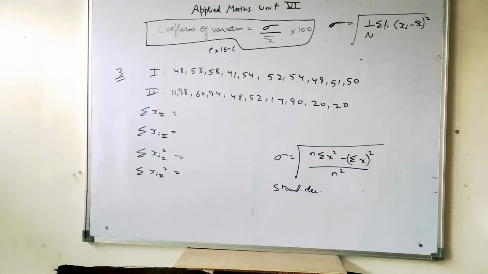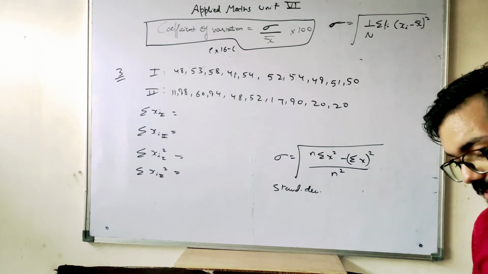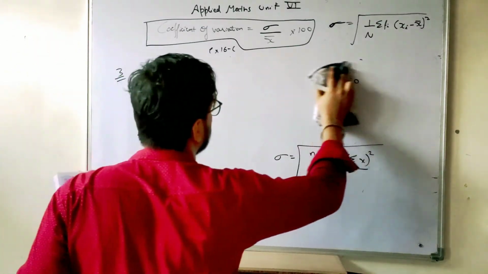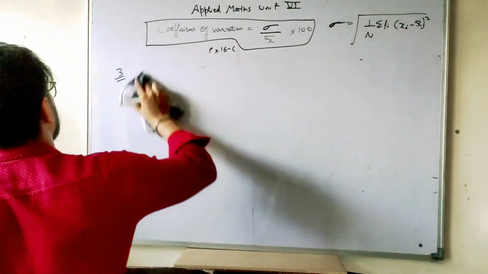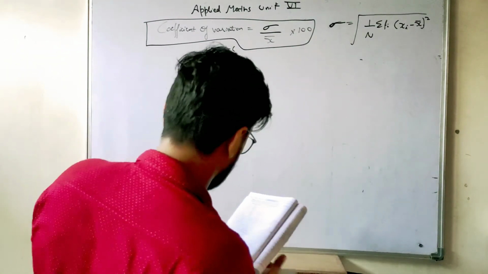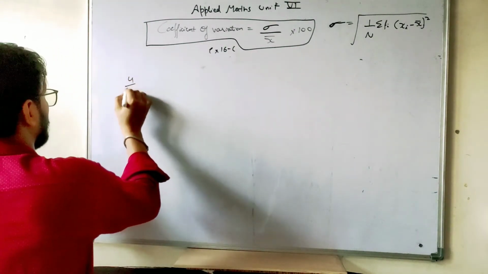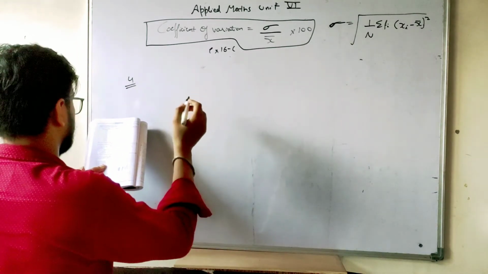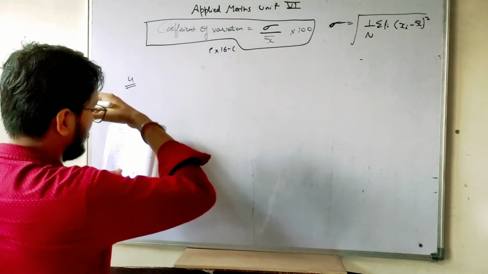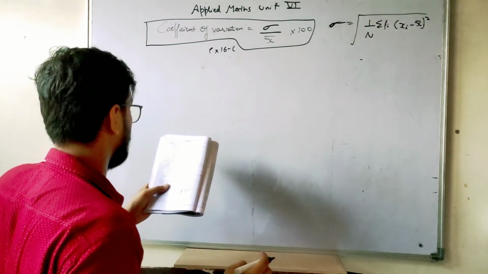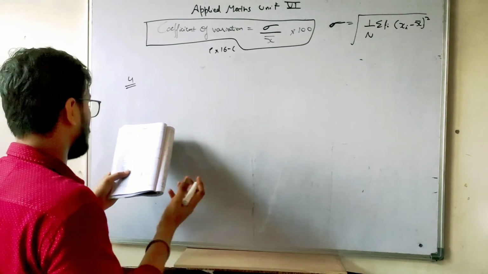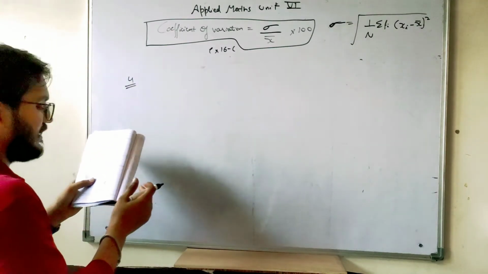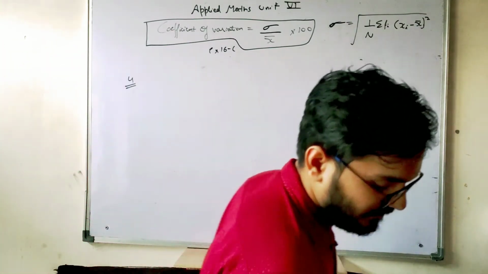In question number 4, everything is given to us. The number of workers is given, the average monthly wages are given, and the variance is given. The average monthly wage is 2800. So we have to find the coefficient of variation and determine which one has the greater coefficient of variation.